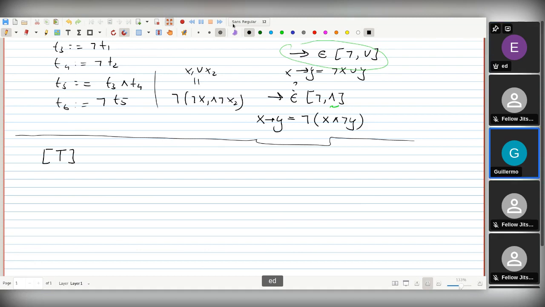Every function. But why? It is clear that any function we obtain this way is a Boolean function. But why is T included into its closure?